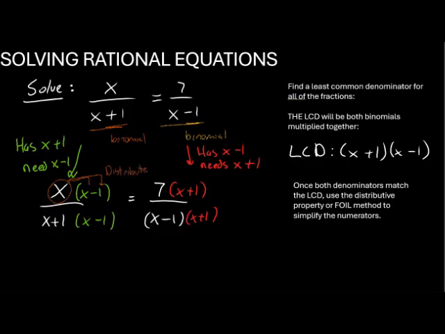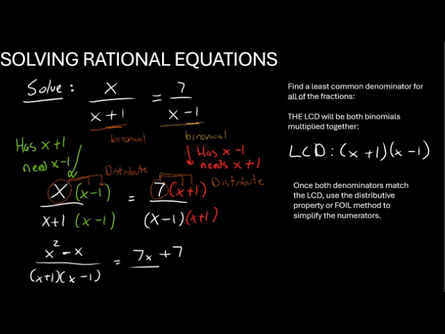If we take x times x, we will get x squared, and x times negative 1 will give us minus x, still over the LCD. On the right side, we have another monomial, 7, times the binomial x plus 1, and so once again we distribute. When we do so, we will have 7 times x to get 7x, and 7 times positive 1 to get positive 7. Again, all divided by the LCD, x plus 1, x minus 1.